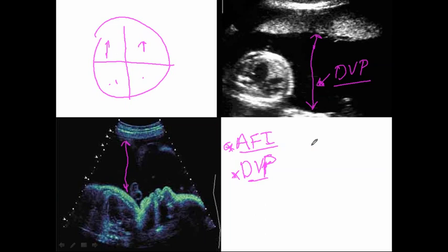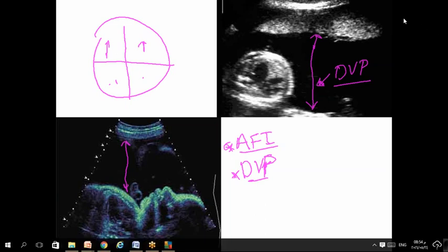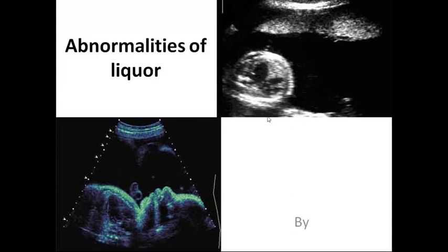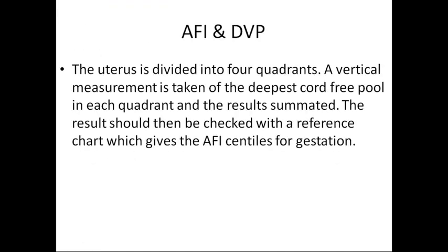Okay, and usually we define polyhydramnios when we find that the deepest vertical pool is beyond 8 centimeters, and the amniotic fluid index is beyond 25 centimeters.